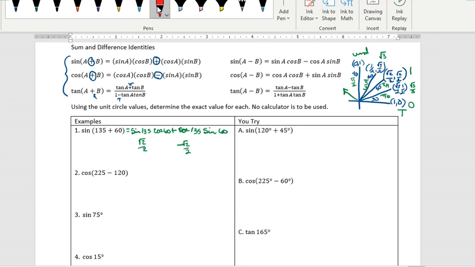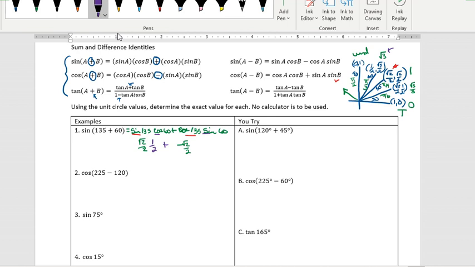Okay, I just filled these in using this information, but knowing that it's in this quadrant. And then I'm going to take purple and fill in cosine of 60 and sine of 60. That's right here.